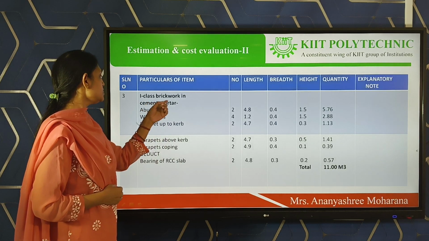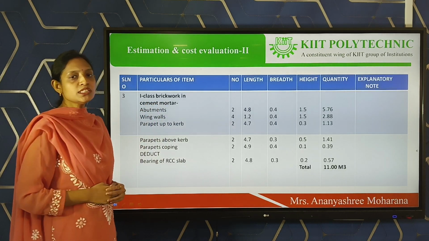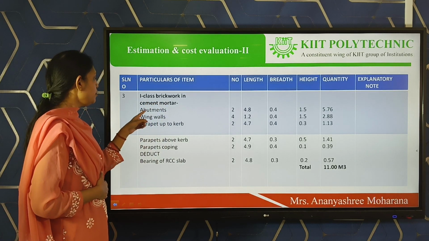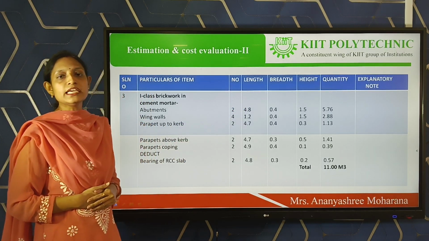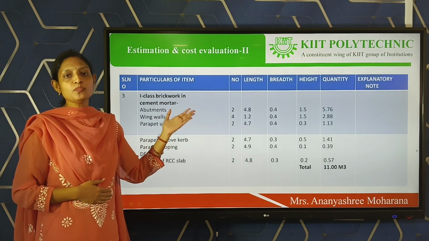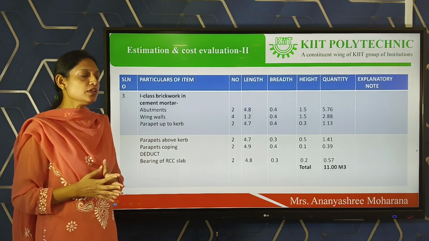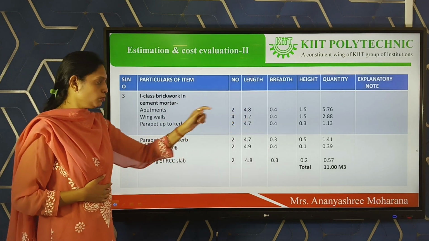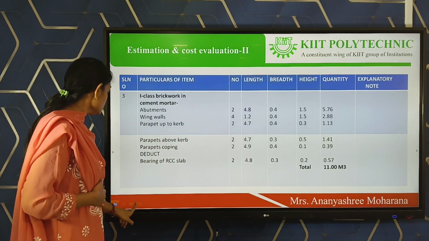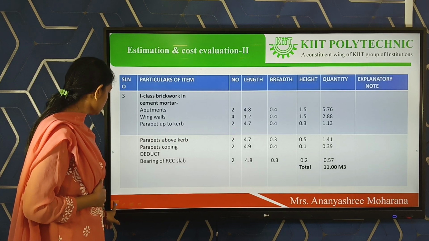Third item is first class brickwork in cement mortar. That means brickwork. Abutment in the brickwork, number is 2. 4.8 is the length of the brickwork. In the previous item we have taken the concrete part because we are excavating the soil, but in this part we have to take only the brickwork part. So what is the length of the brickwork here?